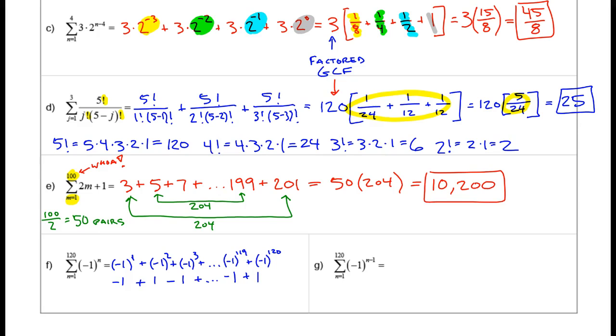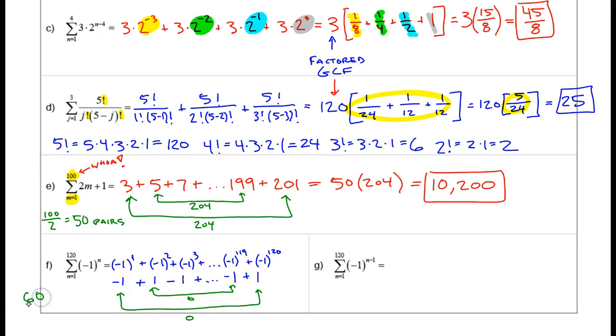So let's take a look at what we got. If we take our first term and our last term and add those together, we get 0. Go second term to second to last term, we get 0 again. So when you add these pairs, we get 0.